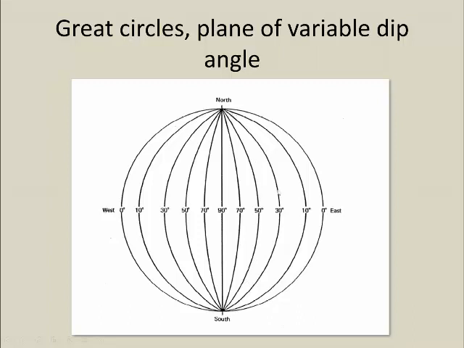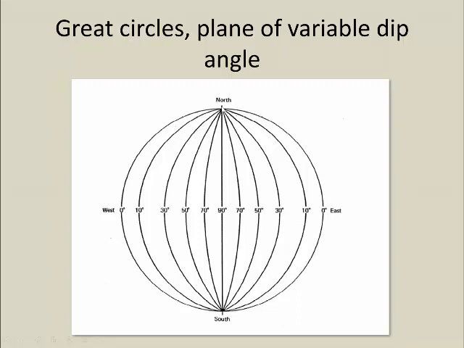And we can follow that here at 30 degrees or to 10 degrees. And a plane that is almost horizontal, maybe dipping only at 2 degrees, will run through the Stereonet almost at the perimeter. And a horizontal plane will intersect with the lower hemisphere right at the rim. And it will run around the whole Stereonet.